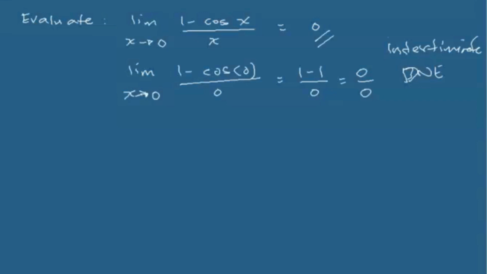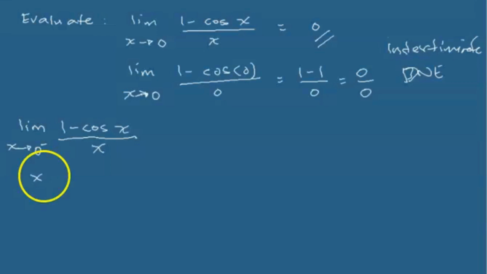So let's prove that. How to prove this is by constructing a table wherein we will get the left hand and right hand side limit. Let's start with the left hand limit. The limit of 1 minus cosine x over x as x approaches 0 from the negative side.